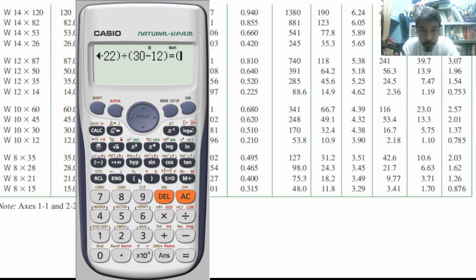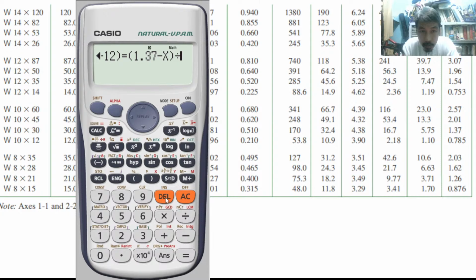Then 1.37 is Ry. So 1.37 minus what? X. So let us use X because we do not know the value.